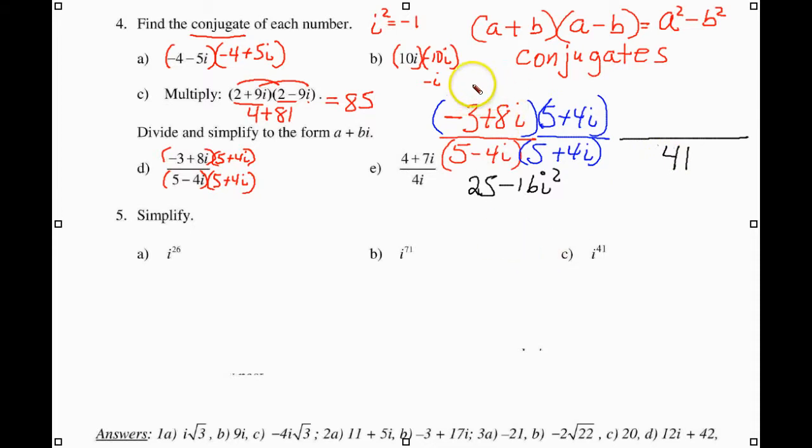Now we're going to FOIL the top. And I'll do it up here. Negative 3 times 5 is a negative 15. Now for my outers, I'm going to write it down here.